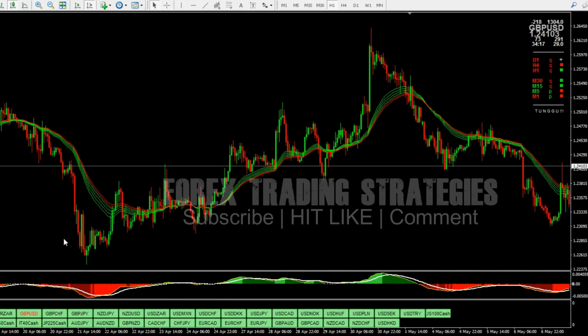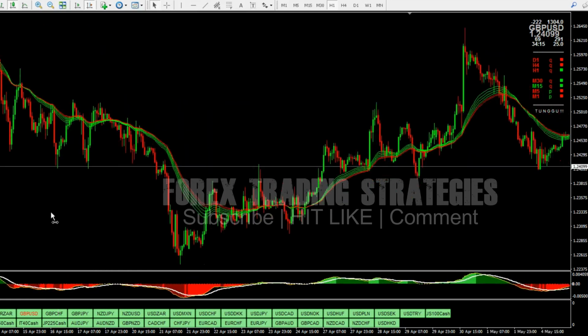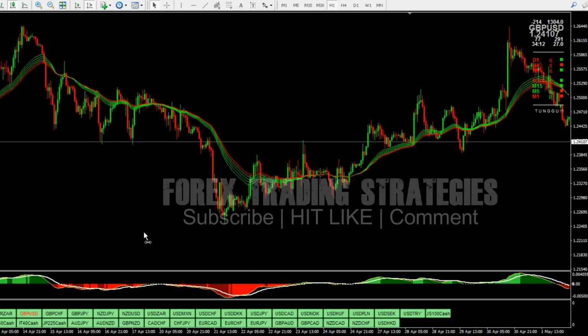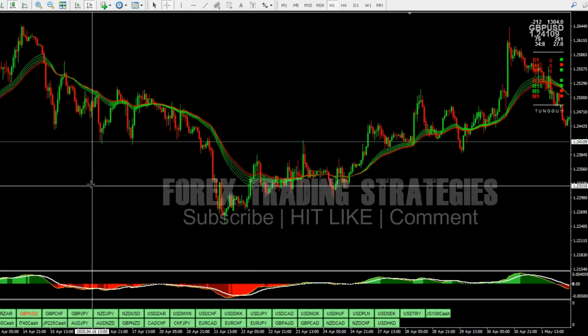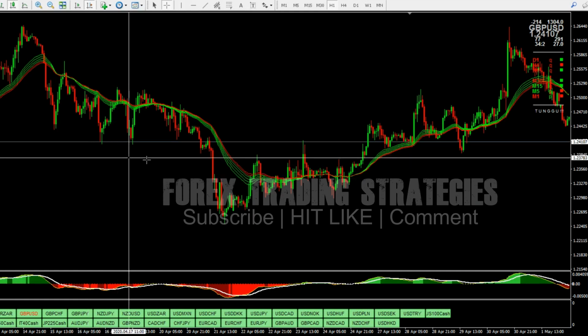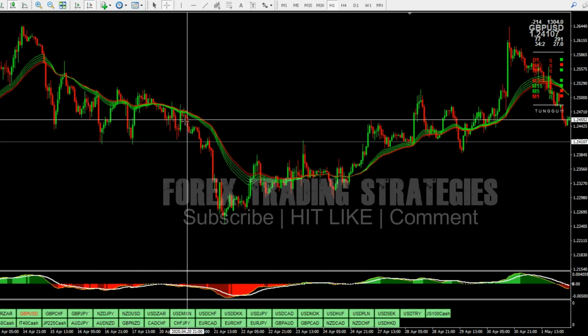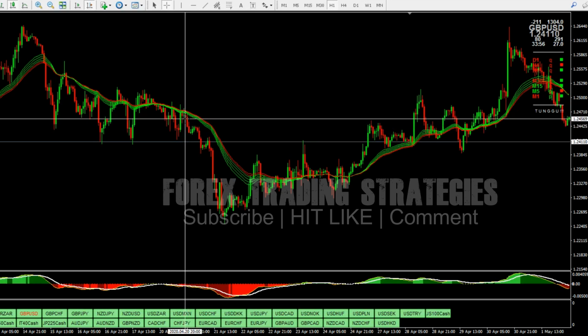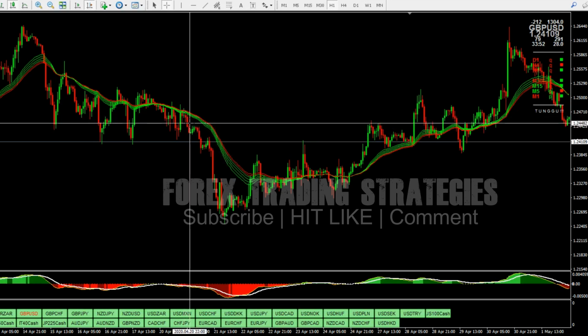So yeah, you basically are looking for pairs that move. That's what I love trading. I love to trade pairs that move. So here is GBP USD. You will wait for your 3 bearish candles here. That's 1, 2, and on the third one you enter, and you wait for 100 pips.